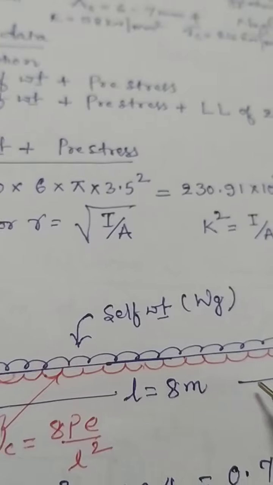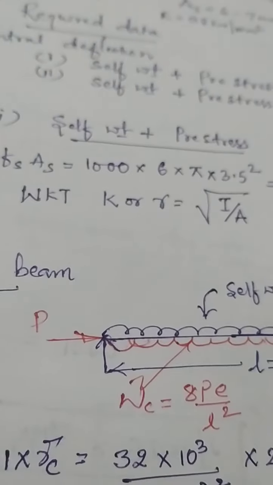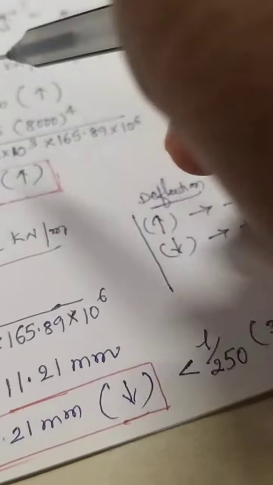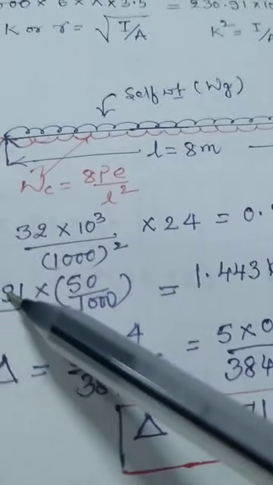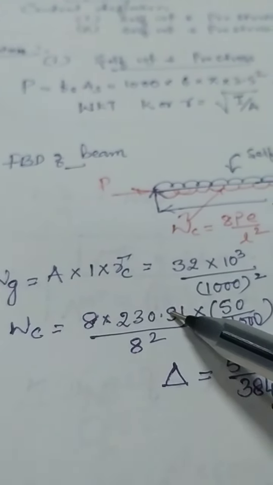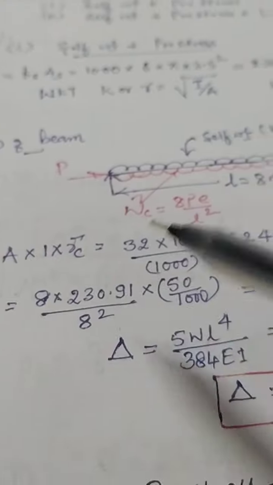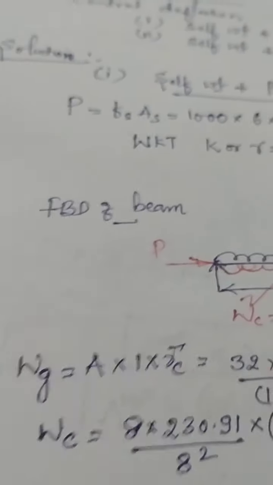Due to the cable profile, WC will be created. WC, that is 8PE by L square. Here 8PE by L square. 8P is calculated here.